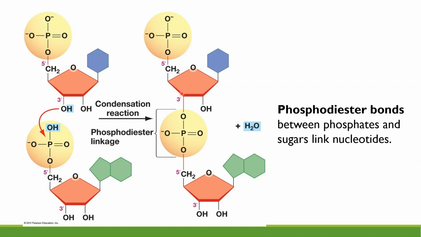And the third carbon is where we get the sugar binding to the phosphate. And then lastly, the fifth carbon is where the sugar binds to its own phosphate. So the phosphodiester bond links at the third carbon to a different nucleotide's phosphate, and the sugar binds to its own phosphate at the fifth carbon.